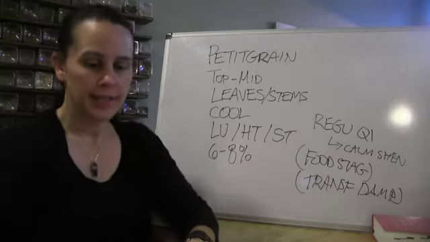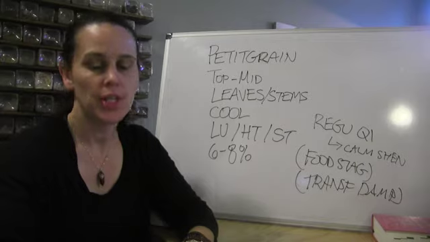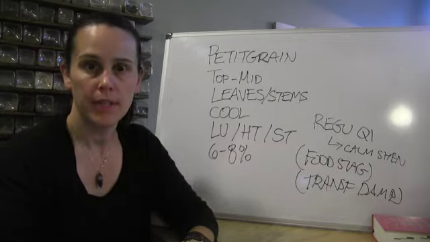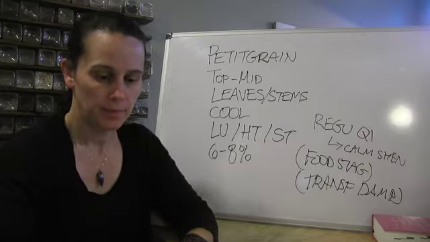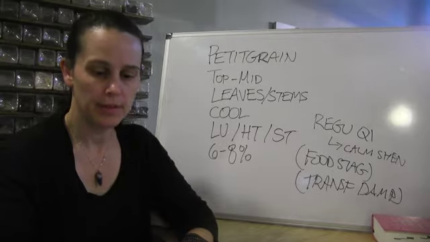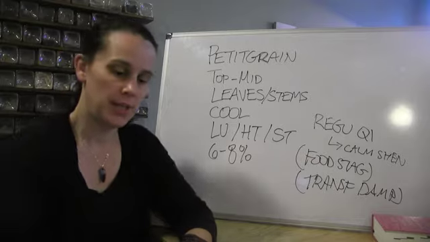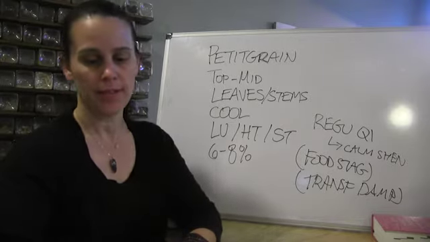Actions are nervine, antidepressant, and antispasmodic. And for functions, it regulates qi in the chest and epigastrium, calms the shen by regulating qi, strengthens memory by transforming dampness. It is very good for rebellious stomach qi and food stasis, nausea, vomiting, hiccups, epigastric fullness, and sour reflux.